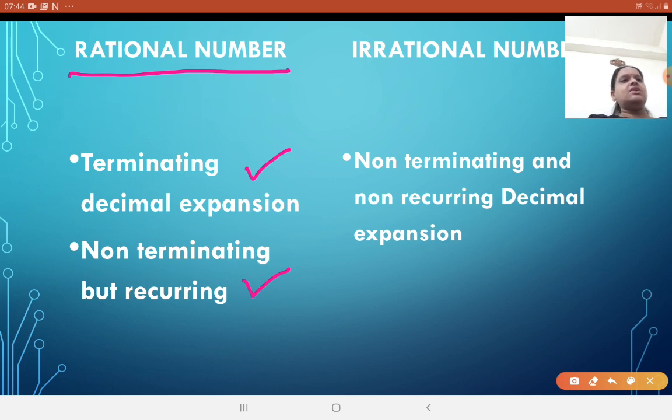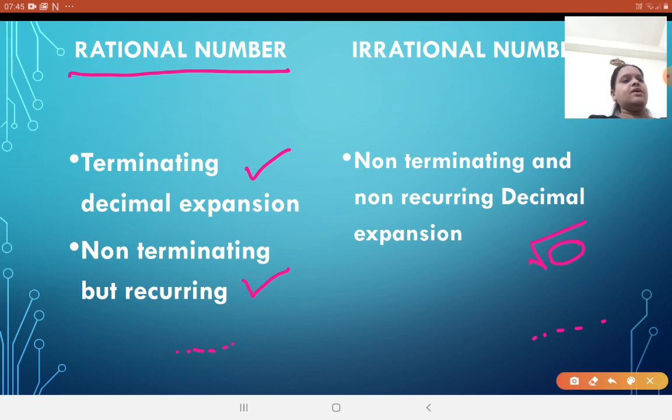Then which numbers are called irrational numbers? Non-terminating and non-recurring decimal expansion, that means the third type. Which numbers come under this? All the numbers in root form where the number inside the root is not a perfect square. Those numbers are irrational numbers, as well as non-terminating. How to identify non-terminating and non-recurring? Non-terminating, you have to remember, if the dots come, it is non-terminating.